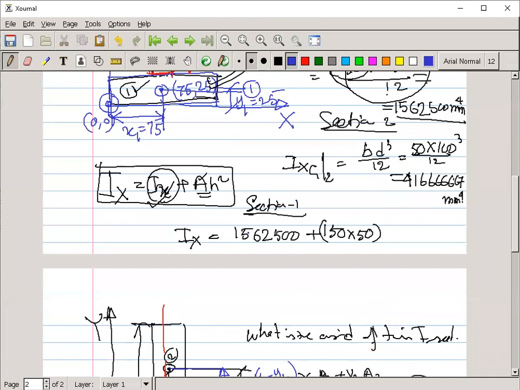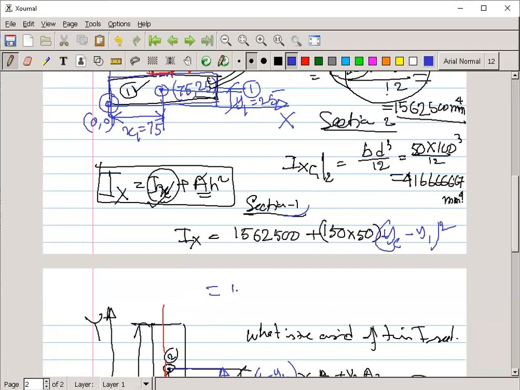See, area times h square. So instead of h square, what do we have to write? For section 1, h is nothing but the distance between yc, which is 55, minus y1, which is 25.